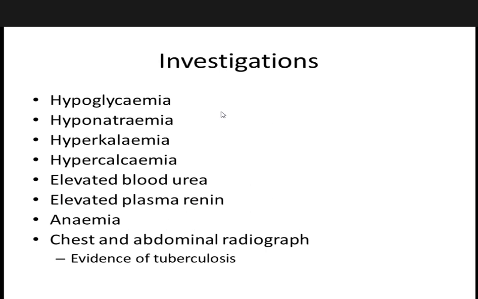So immediately you have to check whether there are any features suggestive of adrenal failure, like pigmentation and all that, and postural hypotension and all that, right? So that is how you have to suspect Addisonian crisis or Addison's syndrome, right?